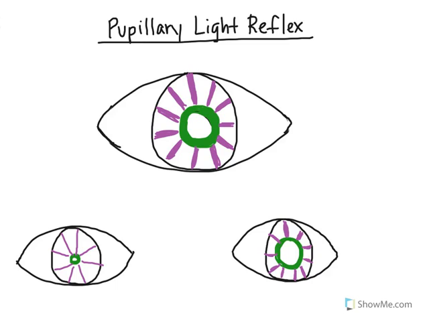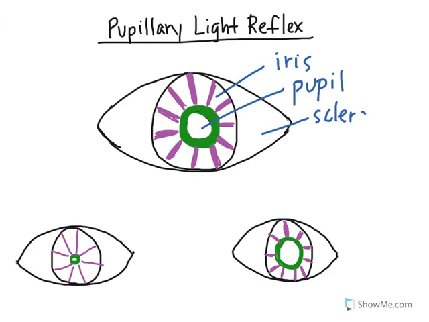But anyways, we've got the iris, and then we have the pupil, which is the hole in the iris that lets light in. And then we also have the sclera, the whites of the eye, that contain a lot of elastic fibers and collagen that protect the eyeball.